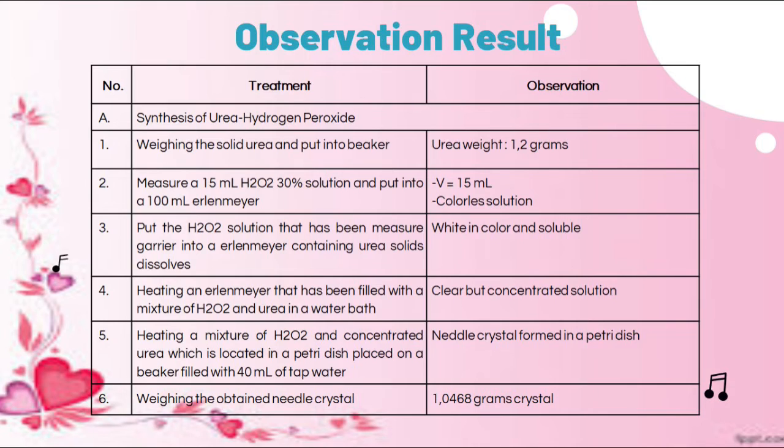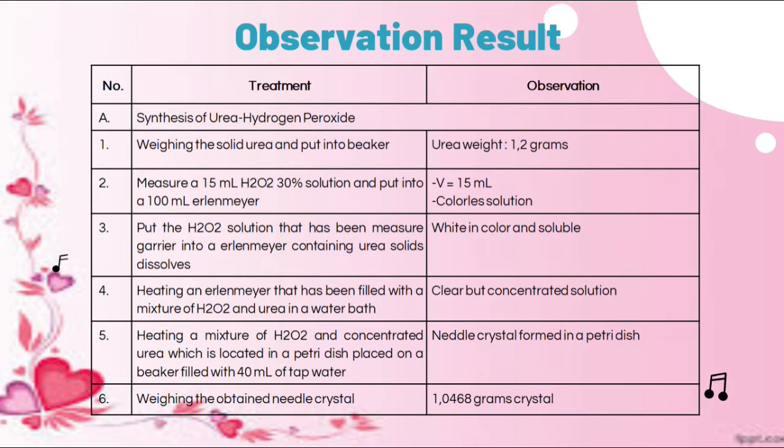Measure 15 ml of 30% H2O2 solution and put it into a 100 ml Erlenmeyer: the volume is 15 ml and the solution is colorless. Pour the measured H2O2 solution into the Erlenmeyer containing solid urea to dissolve: the solution is white in color. Then heat the Erlenmeyer filled with the mixture of H2O2 and urea in a water bath.